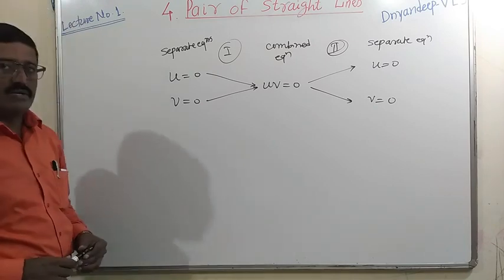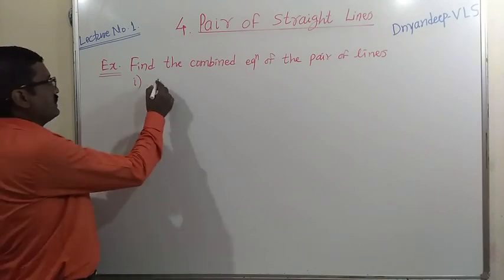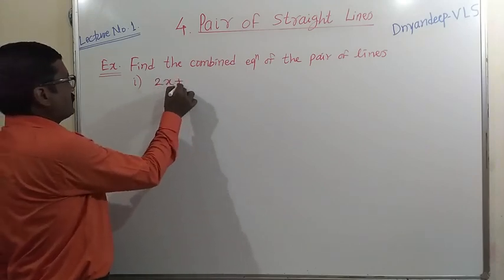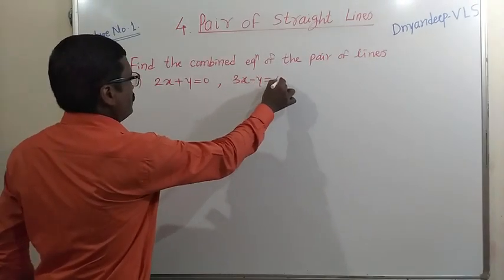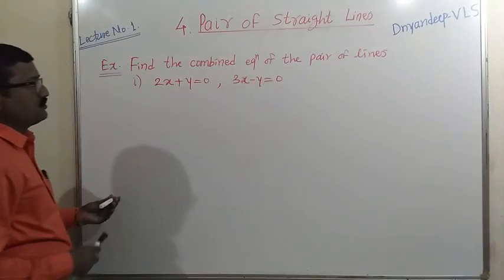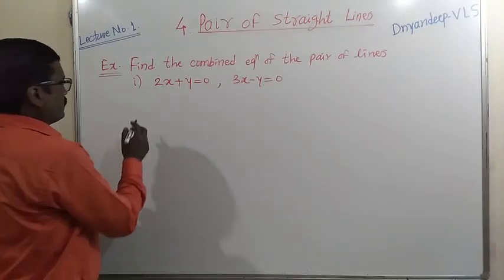Let us see example number 1. Find the combined equation of the pair of lines 2x plus y equal to 0 and 3x minus y equal to 0. These two lines which are passing through origin are given. Let us find the combined equation of these two lines.